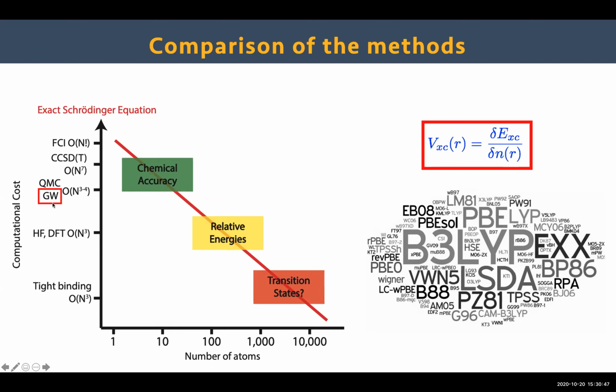But the GW method, which I will be talking more about, is able to simulate systems that are tens of atoms. So this is the scale of the systems that you can simulate using these two methods.